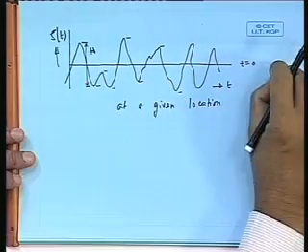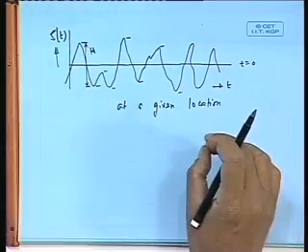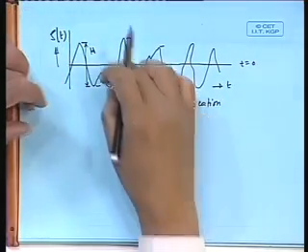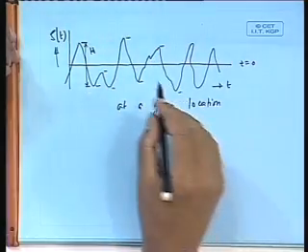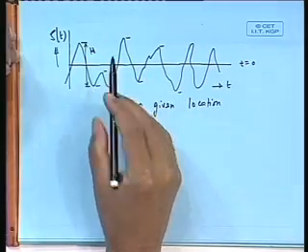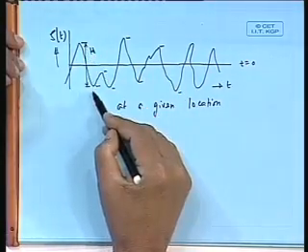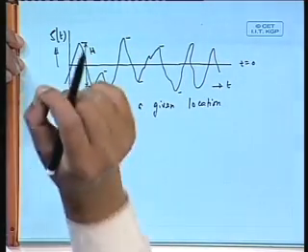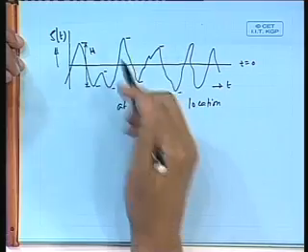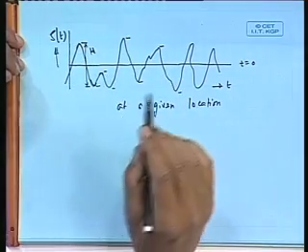Supposing I take a record for 1 hour, there will be so many H's occurring, say 3 meter, 2 meter, 4 meter, 3.8 meter, etc. This is what I can call height. Therefore, height is measured not as amplitude, but between crest to trough and trough to crest, where the signal has changed from minimum to maximum, each successive one. It is going up and then coming down and going up again.